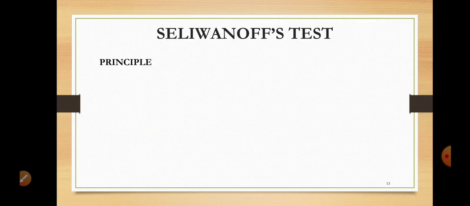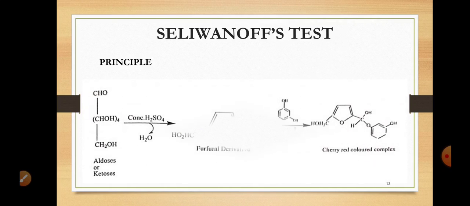Coming to the next test, that is Seliwanoff's test. So let us see the principle involved in the Seliwanoff's test. In this we are making use of the Seliwanoff's reagent. What is its composition?